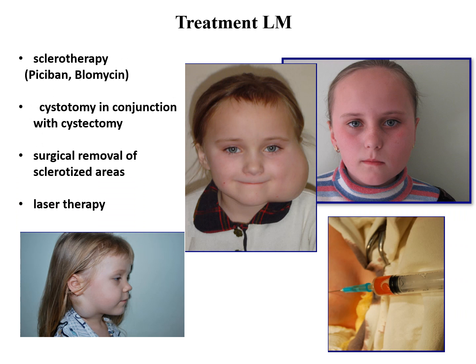Treatment of lymphatic malformation is provided by sclerotherapy with picibanil or bleomycin, with cystotomy in conjunction with cystectomy, surgical removal of the sclerotized areas, and also laser therapy after all treatment to reduce the scars.